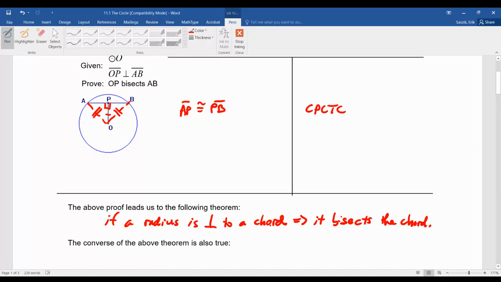Okay, now a couple things to clarify there. First of all, a chord is just any segment that connects 2 points on a circle. So in this case, AB is the chord, okay?